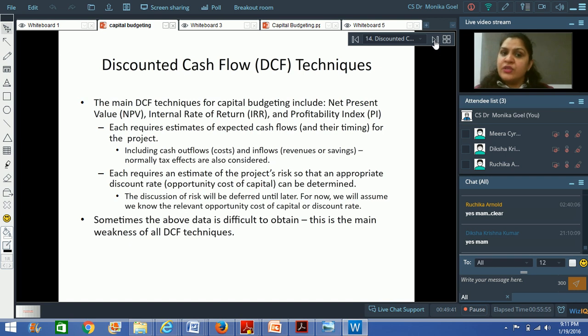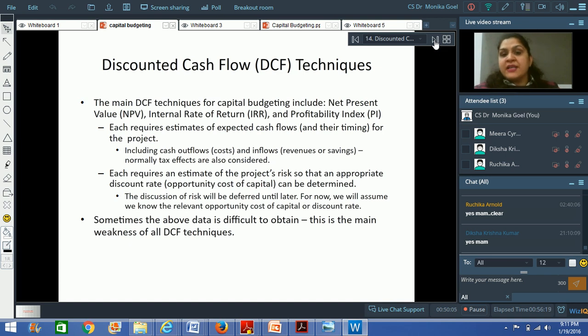Now, which techniques are there? It is not only the payback period method which is available in the discounted cash flow techniques. In the discounted cash flow techniques, you've got the net present value method, the internal rate of return method, and the profitability index method. So in order to do these methods, first of all, you need to know the cash flows.